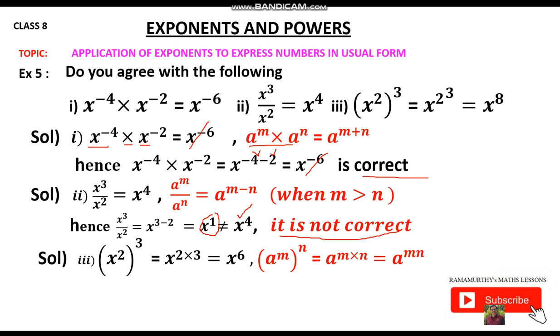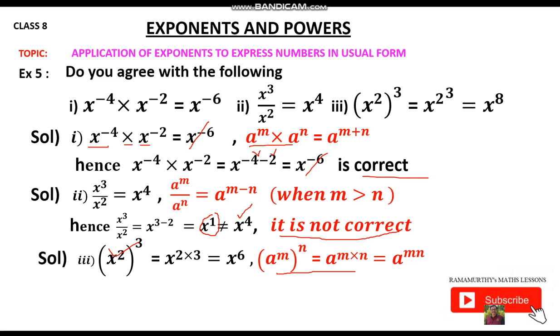Solution 3. (x^2)^3 can be written using the law of indices: (a^m)^n gives us a^(mn). Hence (x^2)^3 equals x^(2×3), which gives us x^6.